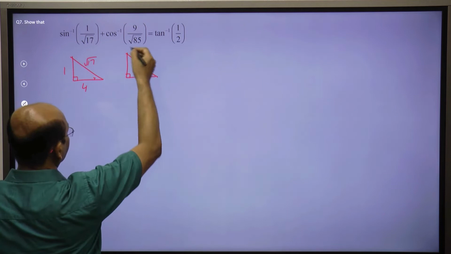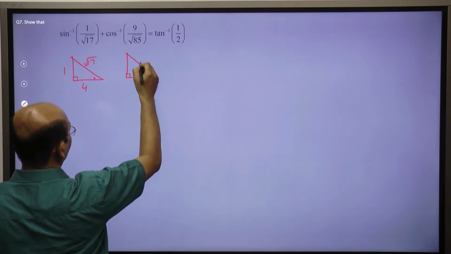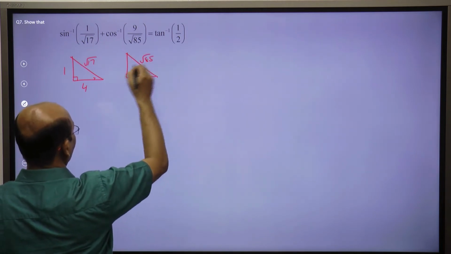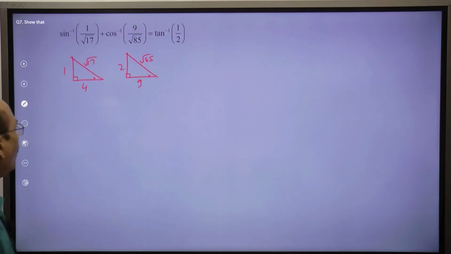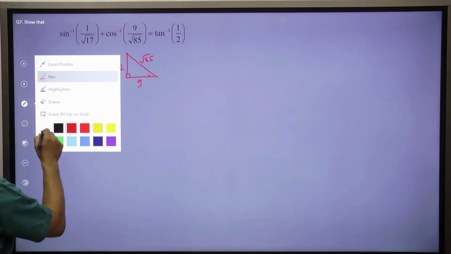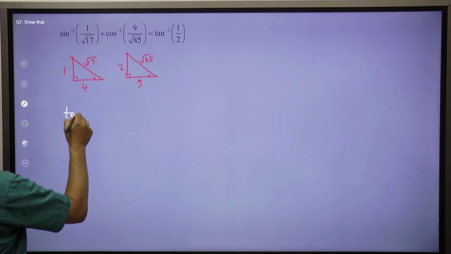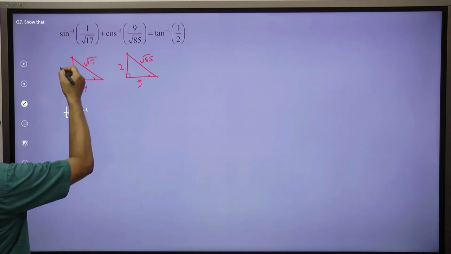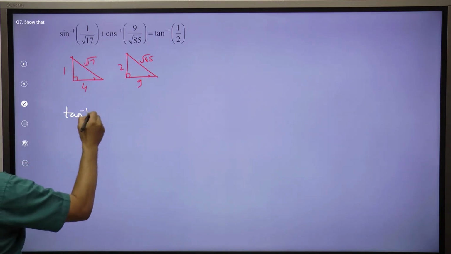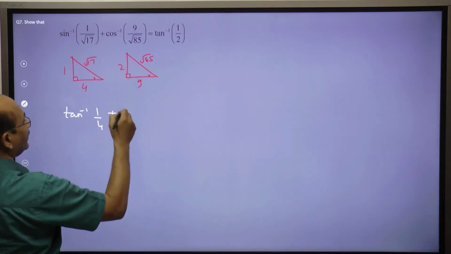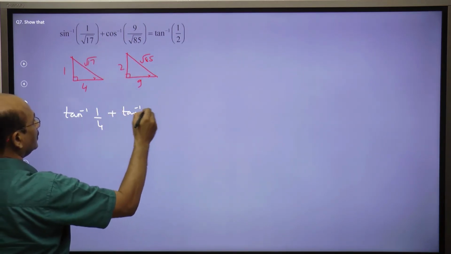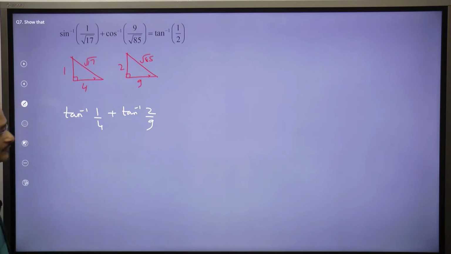And cos is adjacent 9, this is root 85, so I think this will become 2. Okay guys, I want to convert into tan. So this will become tan inverse opposite upon adjacent, 1 upon 4, plus tan inverse 2 upon 9, as simple as working with this.